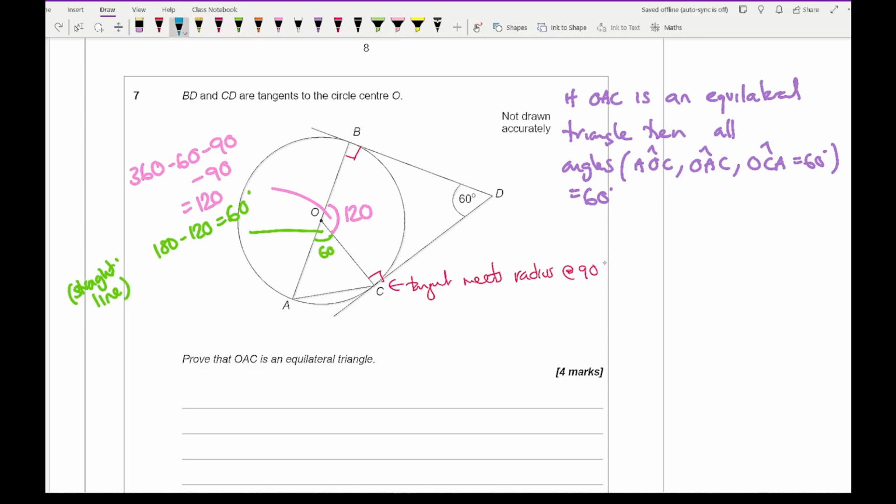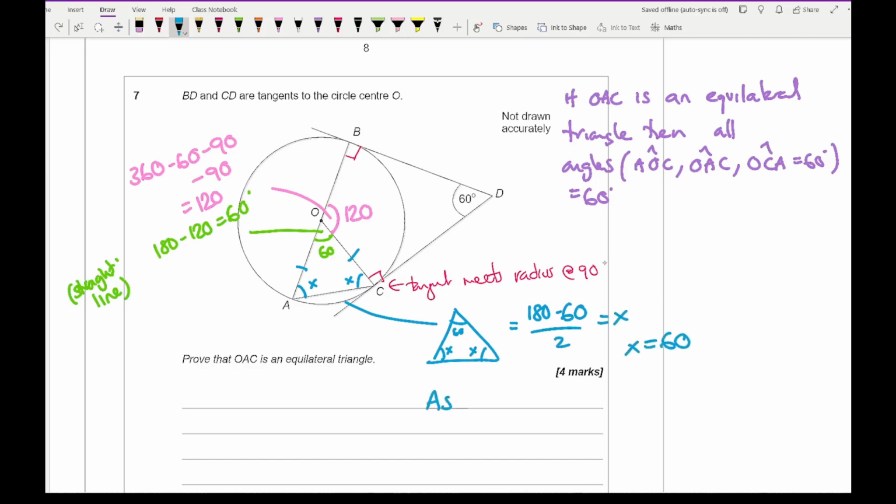Now I also know that in AOC, these two lengths are going to be equal, so that means that it's going to be an isosceles triangle, so these two angles are going to be the same. So then taking this triangle out, I know this is 60, this is x, and this is x. Angles in a triangle add up to 180, so 180 minus 60, divided by 2, is going to equal x, and x equals 60.